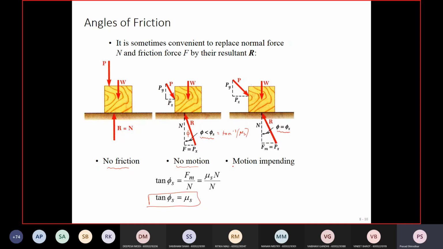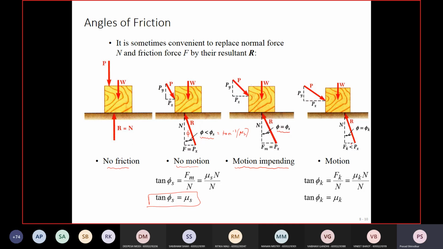then again the motion is in an impending condition. When this angle exceeds this angle, when the frictional force is exceeded, then phi is now equal to phi kinetic.